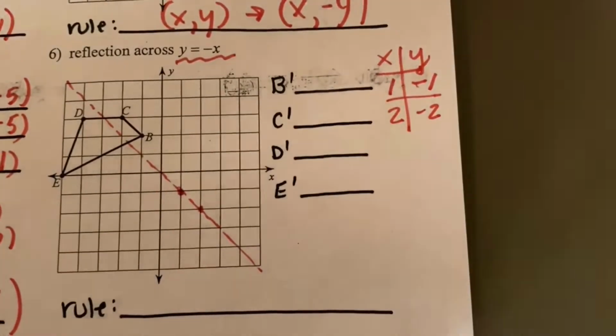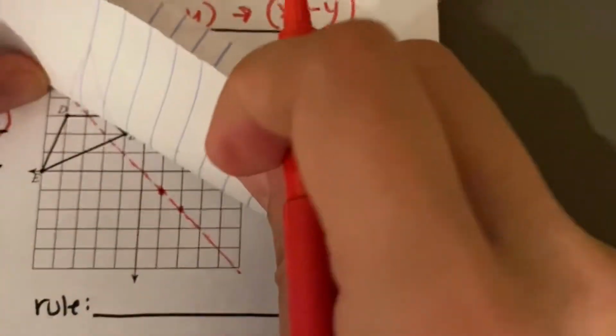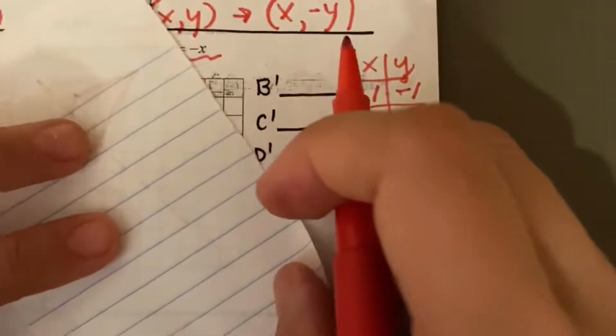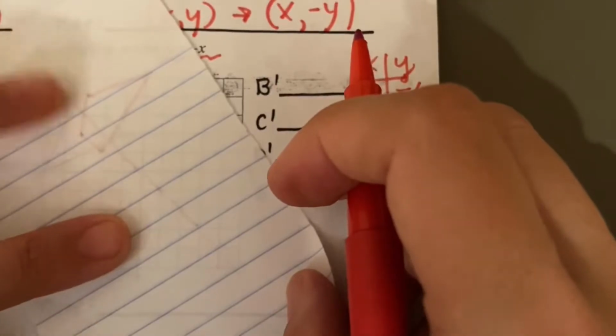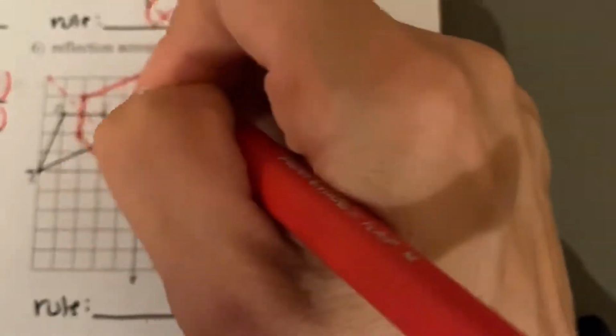Okay, now they want us to flip it over this line. All right. There it is. So just kind of poking through my paper. Let's see what we get. 1, 2, 3, 4.